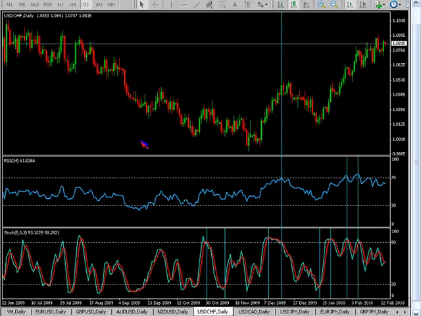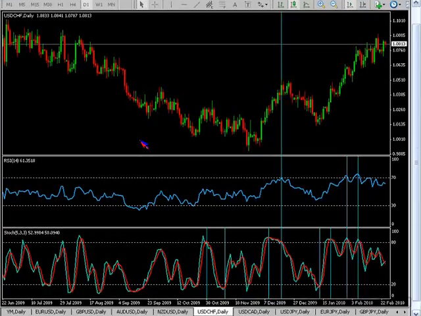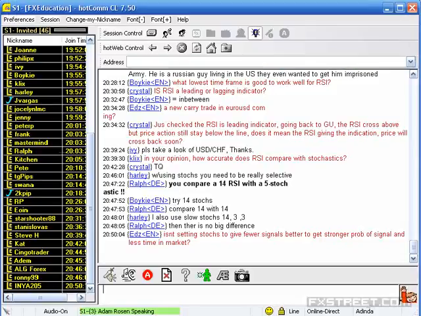Isn't studying stochastics with fewer signals better to get stronger probability of signals and less time in the market? Yeah, it's correct, you're correct in saying that you're going to get a fewer amount of signals. However, I tend to believe that the slow stochastics are set to 5, 3, 3 for a specific reason.